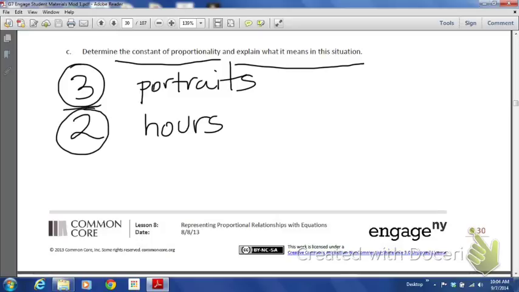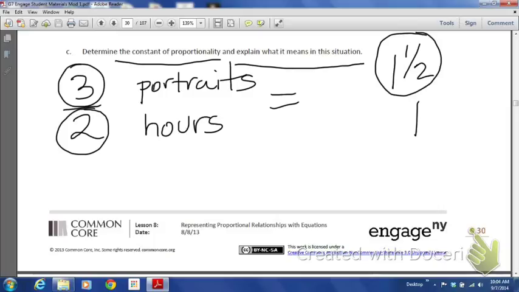Now, very often we do things per a single unit, get that unit rate. So if we were to go ahead and create an equivalent ratio or fraction in 1 hour, she could paint 1.5 portraits. Okay, so not a very neat number.